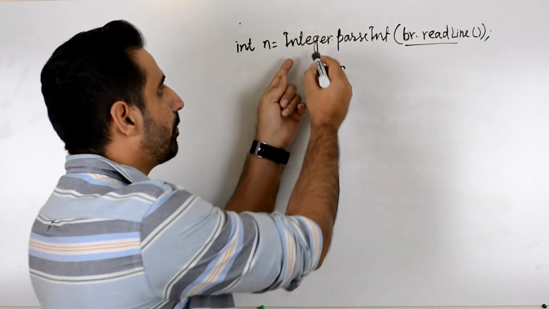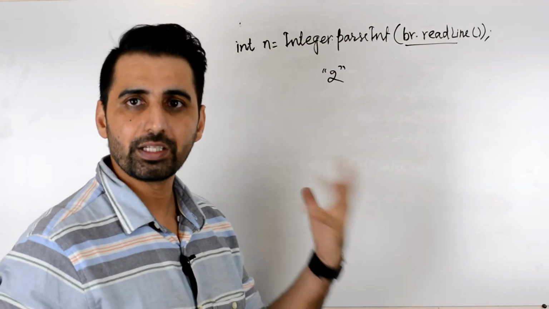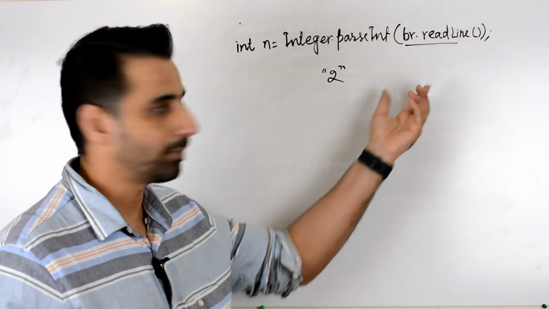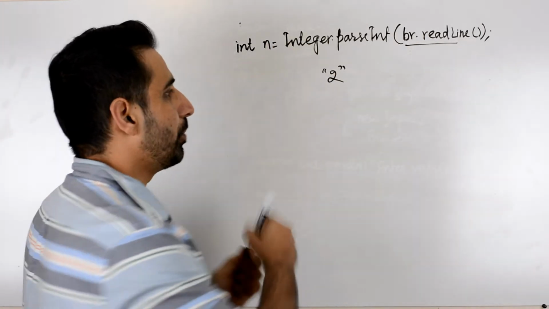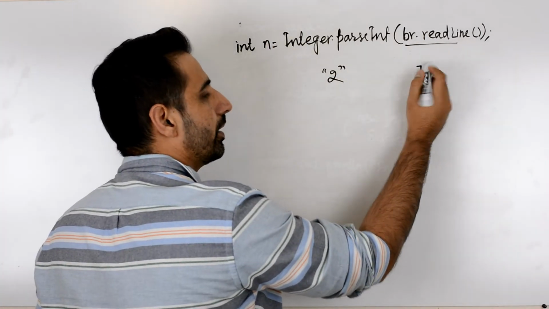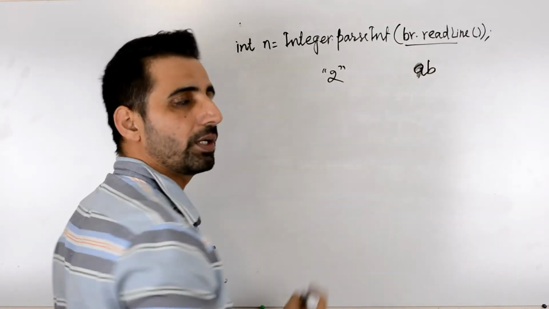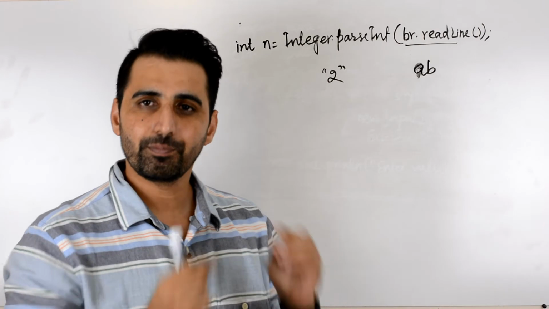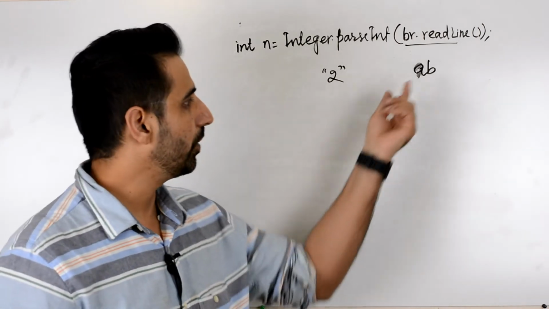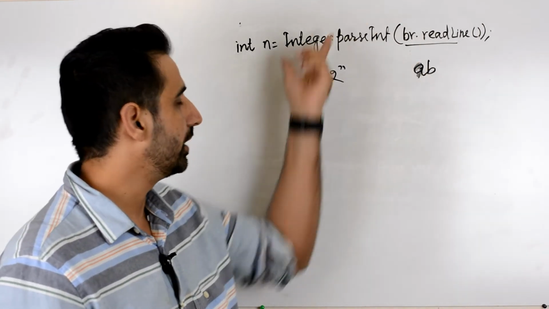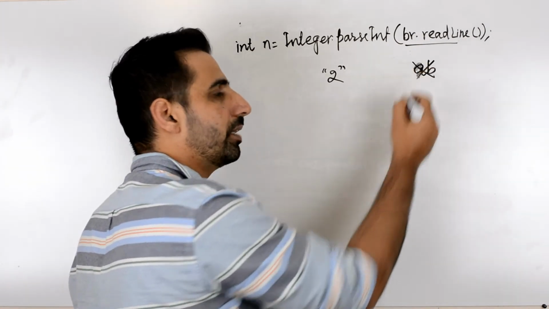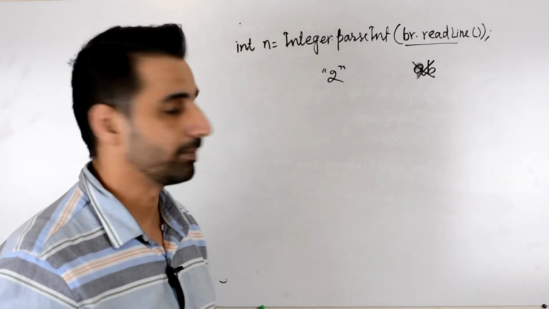For that we have written Integer.parseInt, which will convert the 2 that we accepted as a string to an integer. But if I have written AB, then it won't be able to convert, because it can convert 2 in double quotes into an integer but not AB, and the compiler will show an error whenever we run this program.